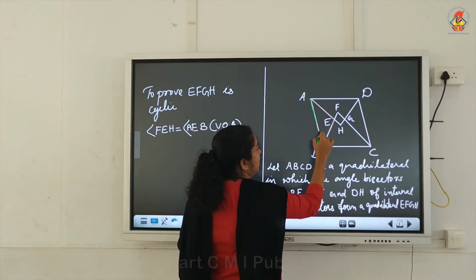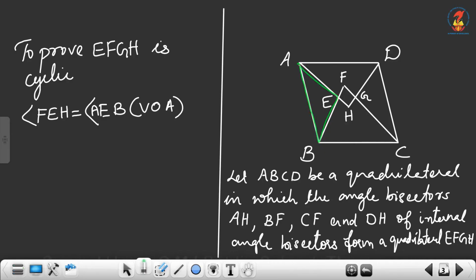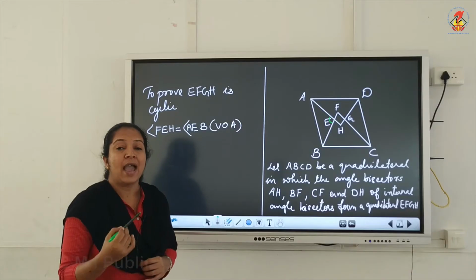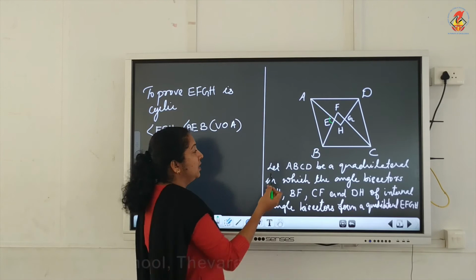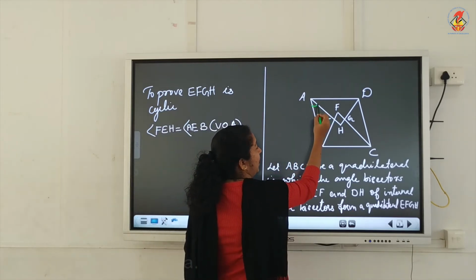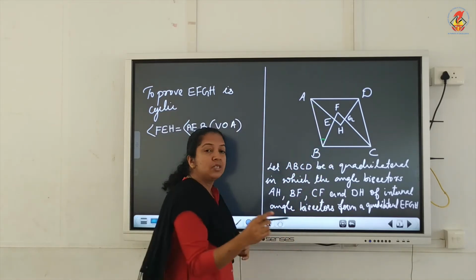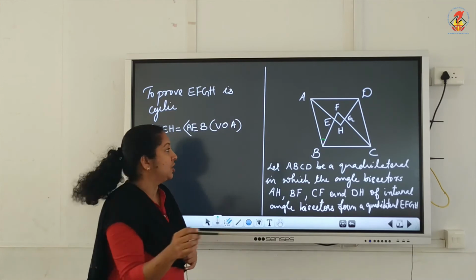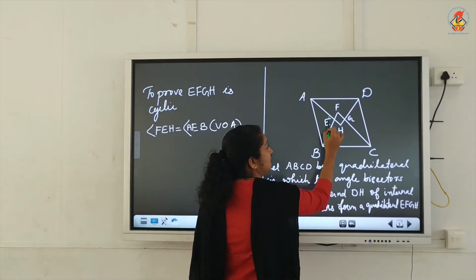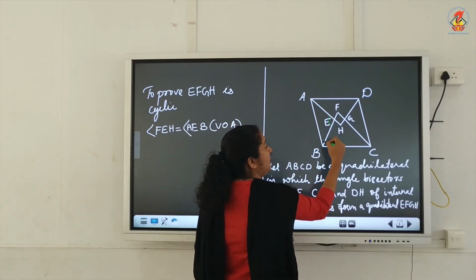Consider this triangle ABE. What about this angle? Using the angle sum property, this is half of A and this is half of B, because these are angle bisectors. So how will you get angle AEB?